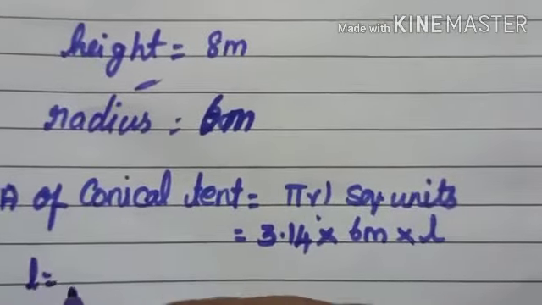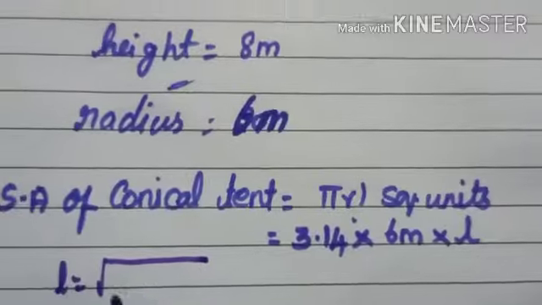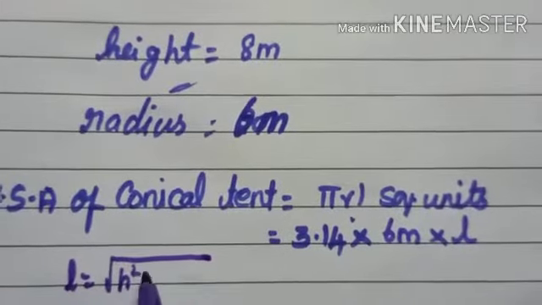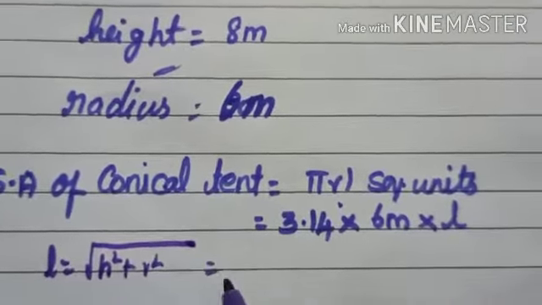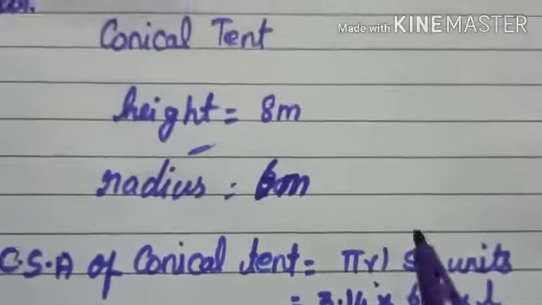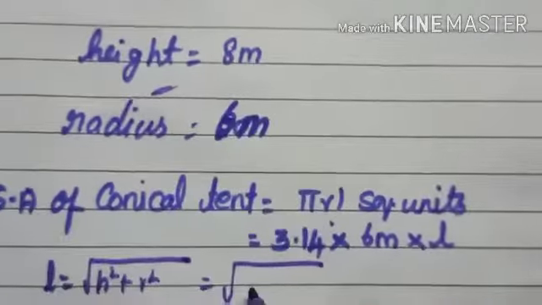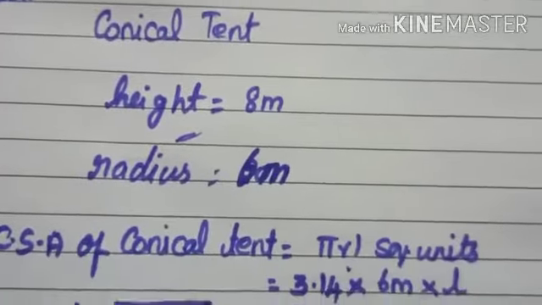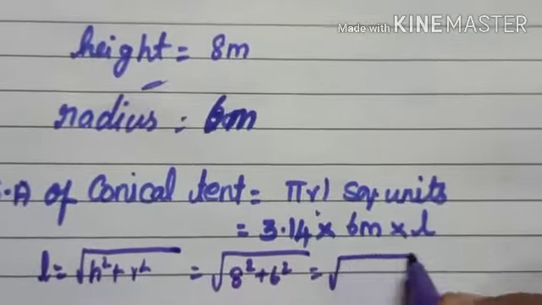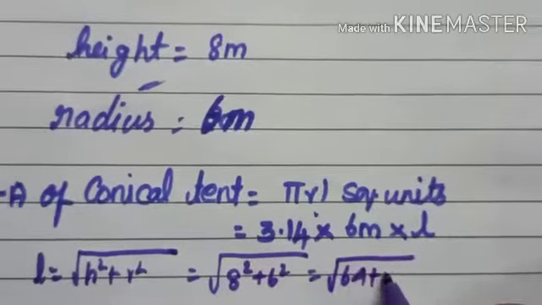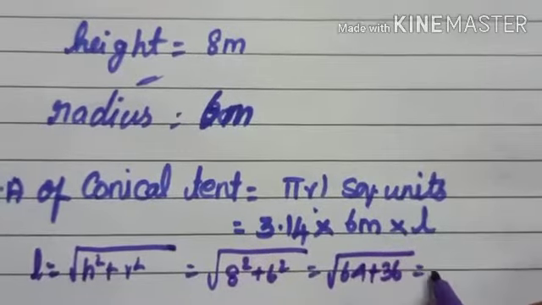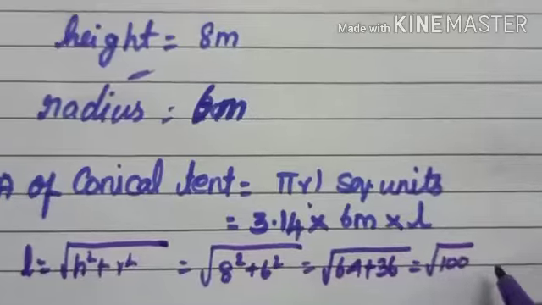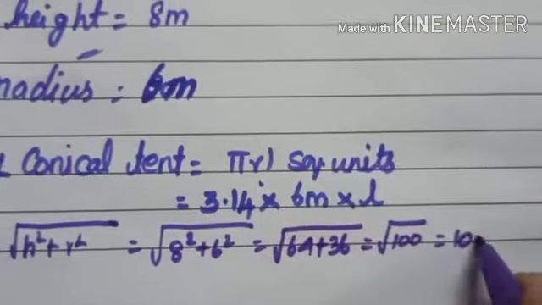So l is equal to the square root of H square plus R square, which is the square root of 8 square plus 6 square. 8 8s are 64, 64 plus 36, which is the square root of 100, which is equal to 10 meter.